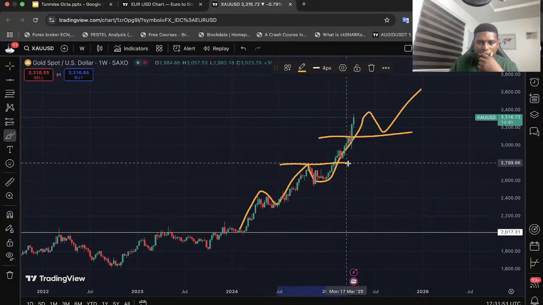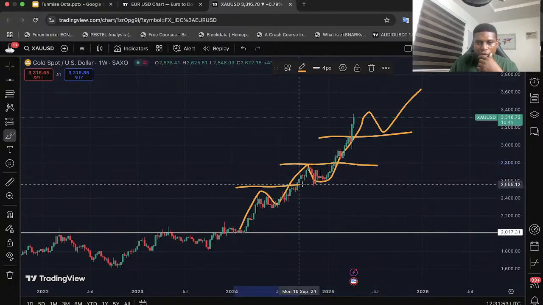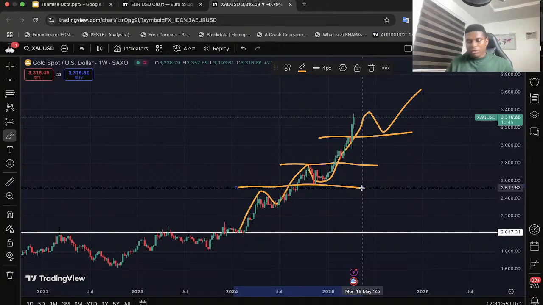And of course, you know the reason why gold is having a good time. The macroeconomic environment is giving gold the edge, because gold is globally perceived as the safe haven currency.